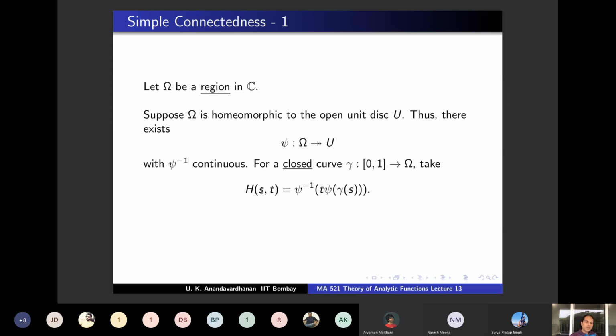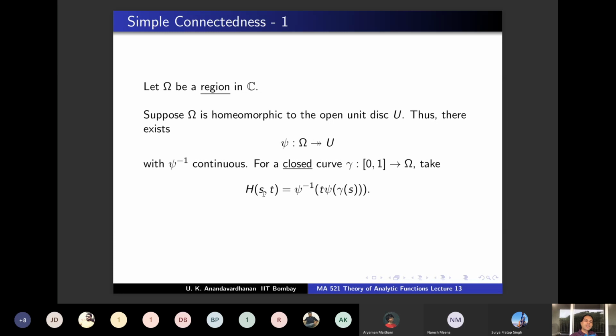What do we have to show? These are closed curves for every t. So H(0,t) is psi inverse of t times psi of gamma(0), and H(1,t) is psi inverse of t times psi of gamma(1), but gamma(0) is gamma(1). So these are also closed because gamma is closed.